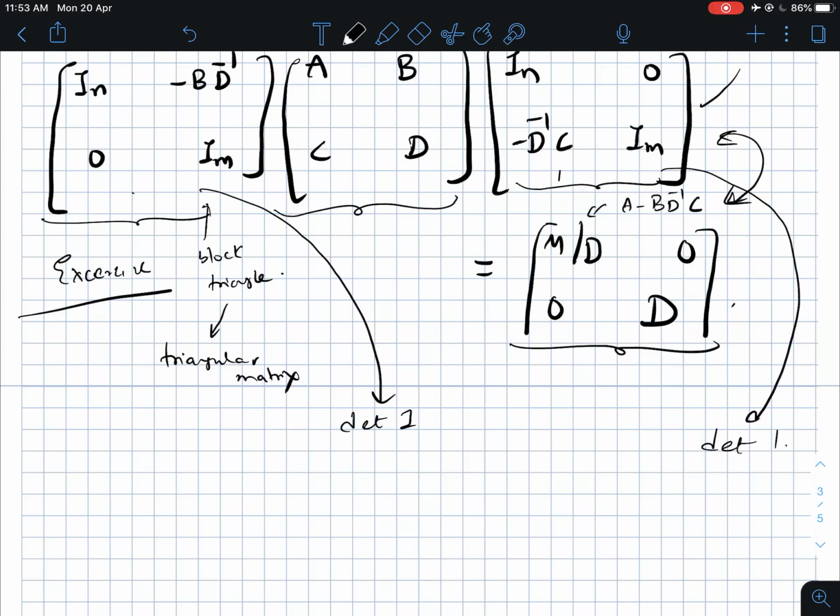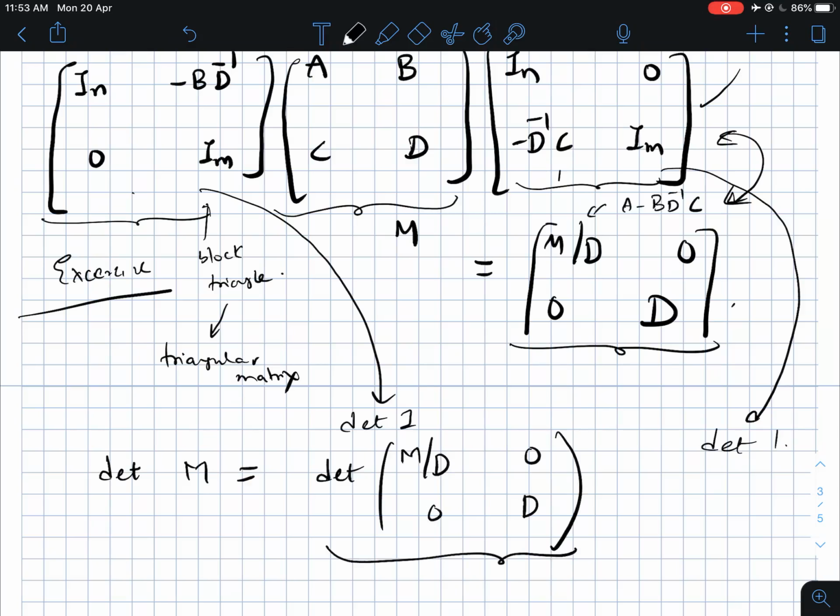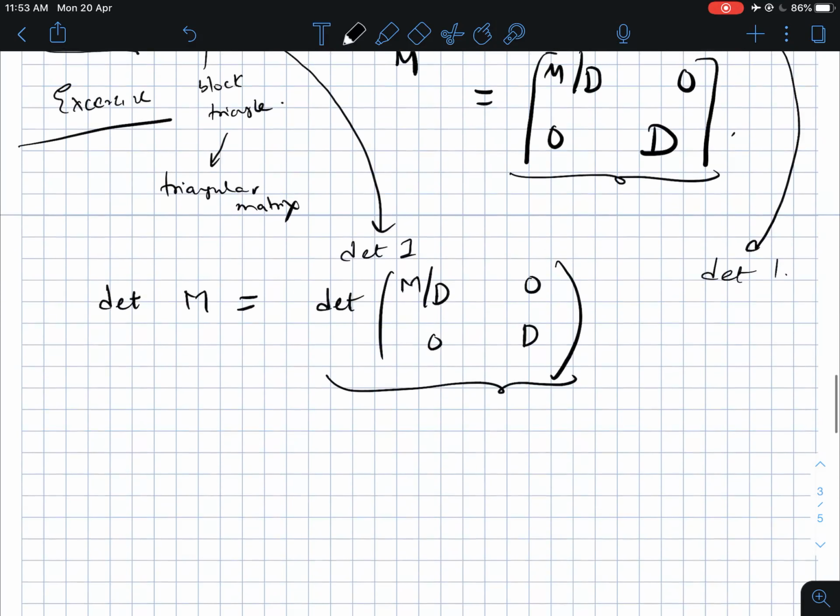The determinant of both of these matrices is 1, and we know the determinant is multiplicative, right? So when you have a product of matrices, the determinant is the product, right? So the determinant of the matrix M, so remember this is a matrix M, is the same as the determinant of this block diagonal matrix, M by D, 0, 0, 0. Now what is the determinant of this block diagonal matrix, right?